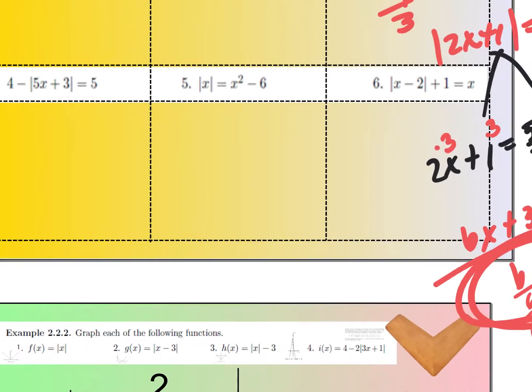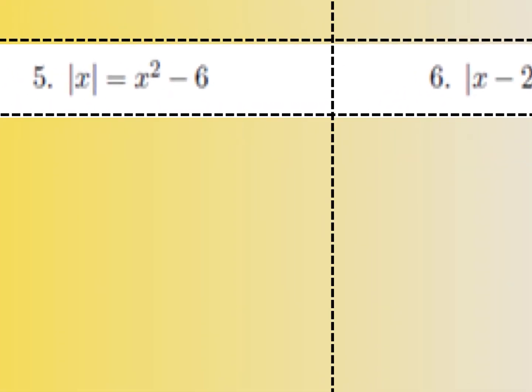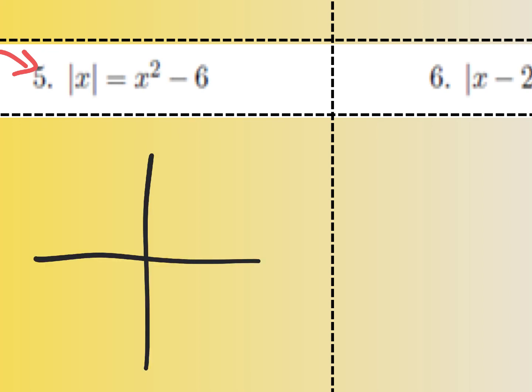Okay, here's one. I just want you to tell me how many answers I'm going to get. Sketch it. How many answers should I get? Avery, what do I mean by sketch it? You put down what you have in your y, so the absolute value is x.